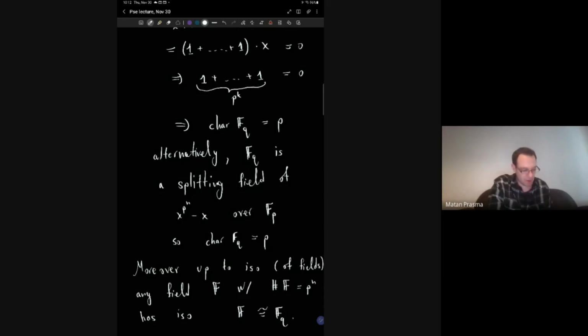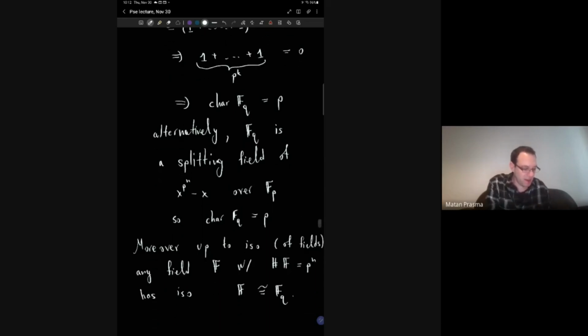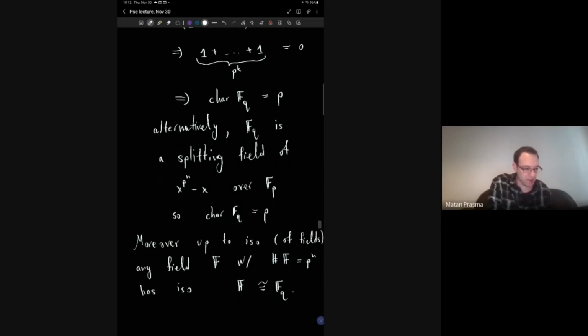Okay, so in this kind of situation, you could define FQ in various ways. I mean, even when I say FQ is a splitting field of this polynomial, again, a splitting field is not unique on the nose. It's unique up to isomorphism.